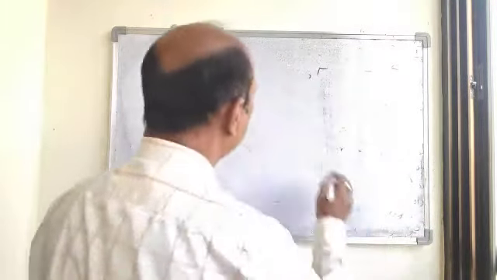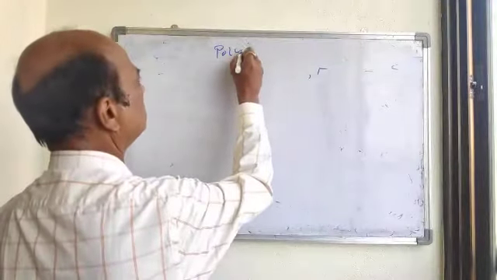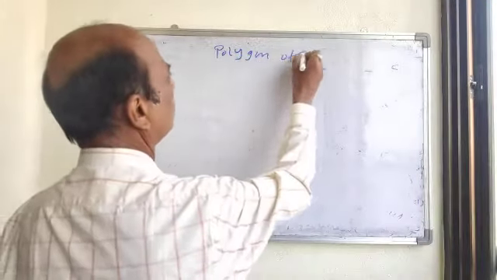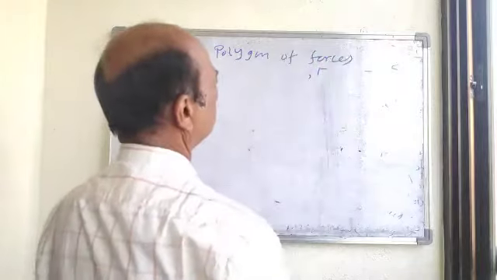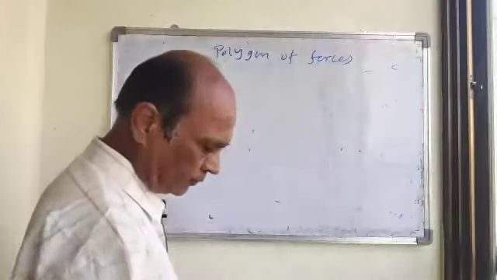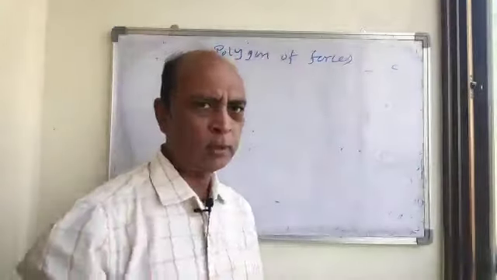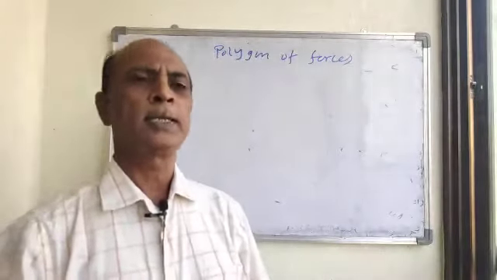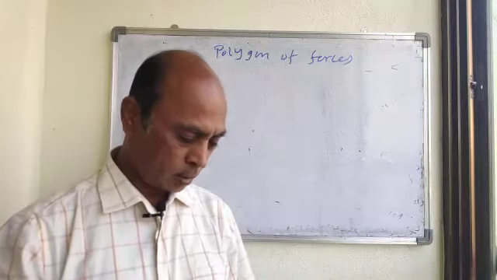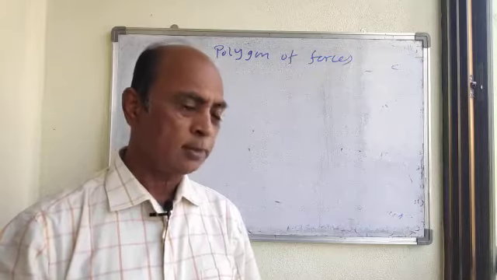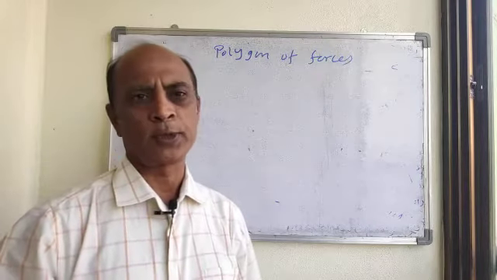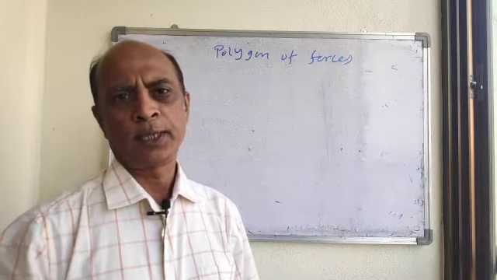Now, polygon of forces. Our next article is polygon of forces. Polygon of forces means, just like the law of triangle of forces, here we can take any number of forces: 3, 4, 5.